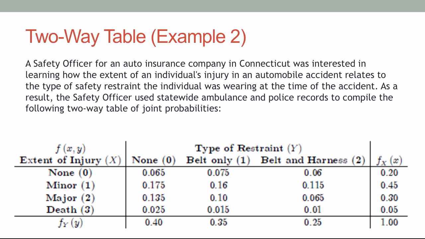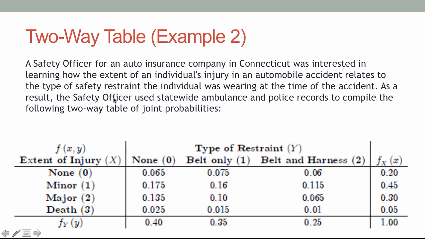Okay, here's another two-way table example. We're having fun with two-way tables. I decided let's do a little more complicated one. A safety officer for an auto insurance company in Connecticut was interested in learning how the extent of an individual's injury in an automobile accident relates to the type of safety restraint the individual was wearing at the time of the accident.